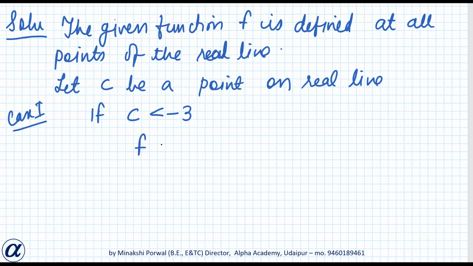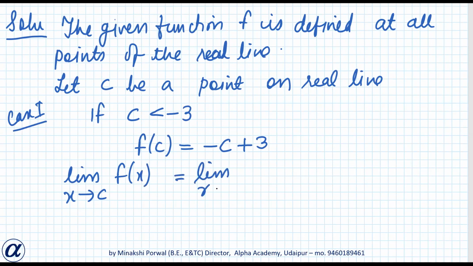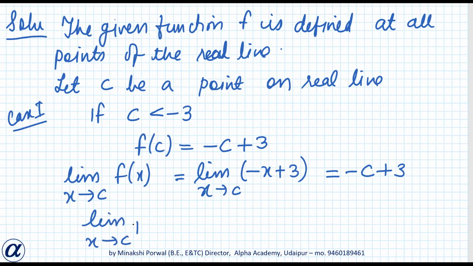So f of C can be written as minus C plus 3, and limit x tends to C of f(x) equals limit x tends to C of minus x plus 3, that is equal to minus C plus 3. So limit x tends to C of f(x) equals f(C). So f is continuous at all points for x less than minus 3.